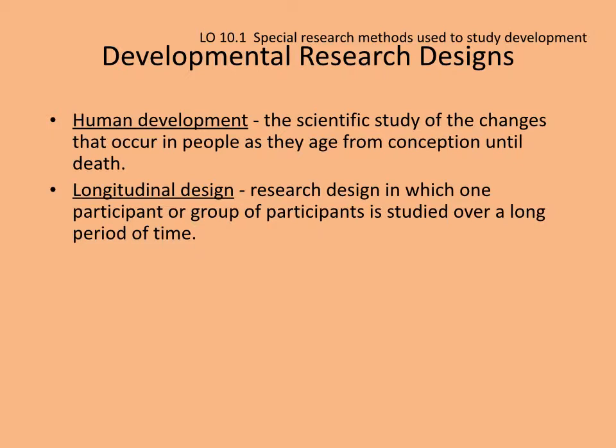Now, when we look at human growth, we have to look at it in a longitudinal design. That is one way we can study it, and it's a research design in which one participant or group of participants is studied over a long period of time.